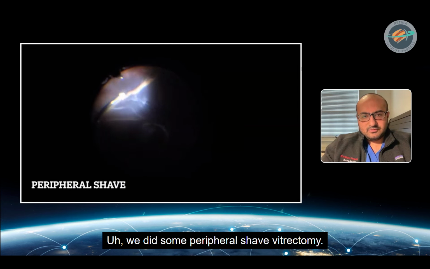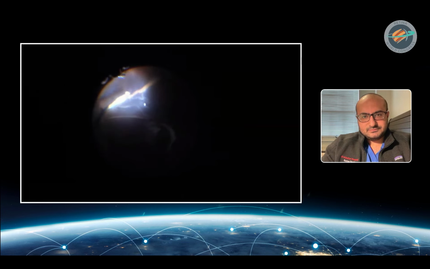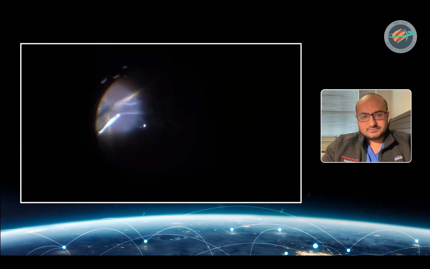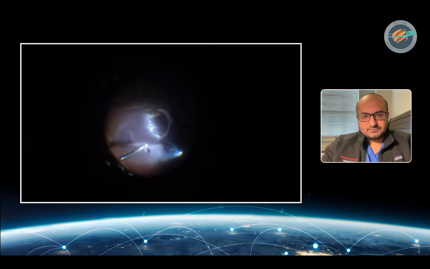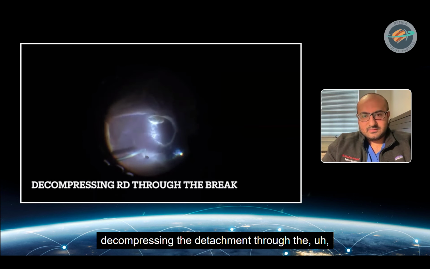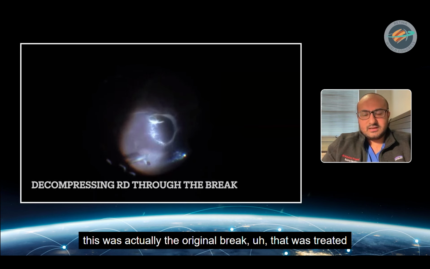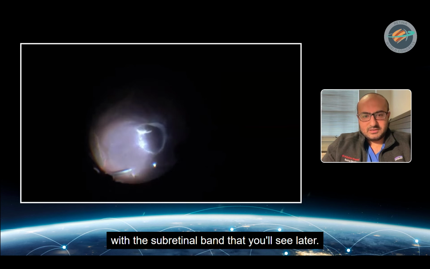We did some peripheral shave vitrectomy. And then we started decompressing the detachment through what was actually the original break that was treated with cryopexy, but there are additional breaks associated with the subretinal band that you'll see later.